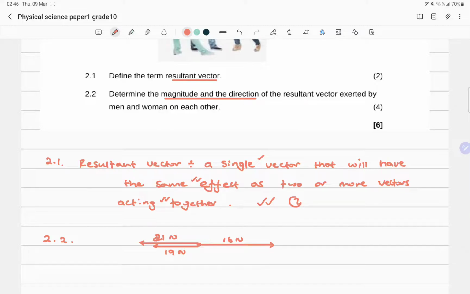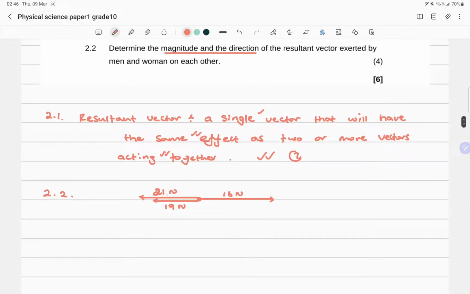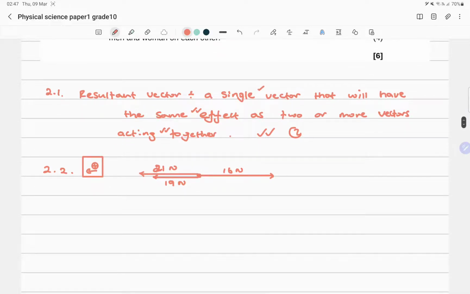But pay attention to the fact that these are acting together in the same direction against that. So we can choose the west as positive because everything is going in that direction. So again, it's always important to think of direction. So we can say now the resultant vector is going to be equal to the sum of these two, 21 plus 19 minus 16.